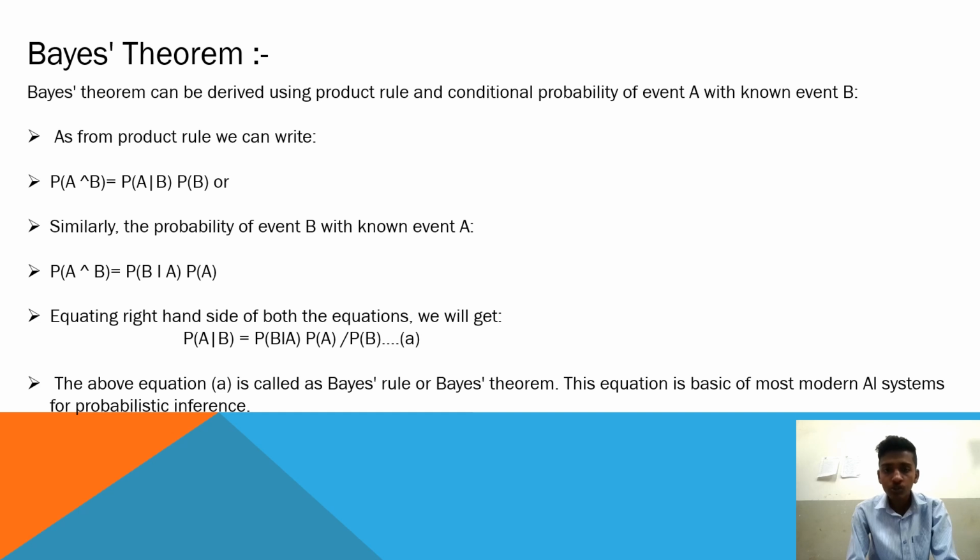Now we will see the different formulas to implement in Bayes theorem. Bayes theorem can be derived using the product rule and conditional probability of event A with known event B. From the product rule, we can write probability of A and B is equal to probability of A given B into probability of B, or similarly, the probability of event B with known event A, we can write it down as probability of A and B is equal to probability of B given A into probability of A. By equating the right hand side of both equations, we get the following formula, that is probability of A given B is equal to probability of B given A into probability of A, whole divided by probability of B. The above equation is called Bayes rule or Bayes theorem.